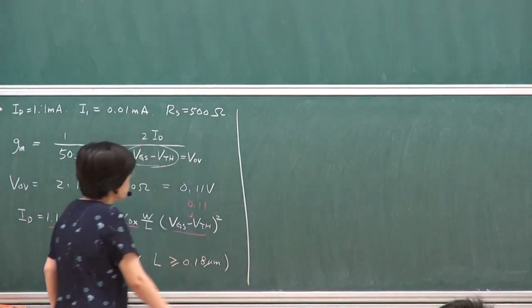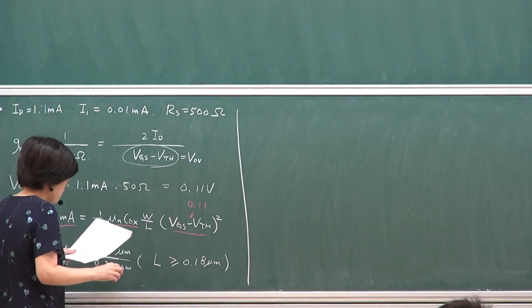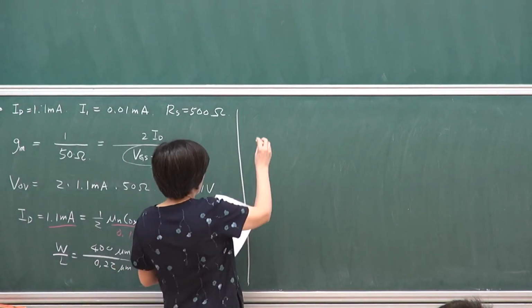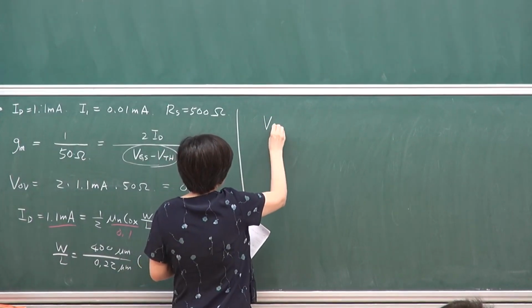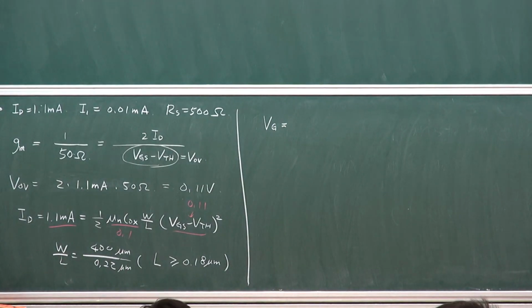Once we have all the numbers, we need to determine the rest of the resistors. Because RD doesn't really matter, just make sure that it's not set up to leave saturation. Next, we already know W over L, so we need to find out what the voltage level is at this terminal, VG.